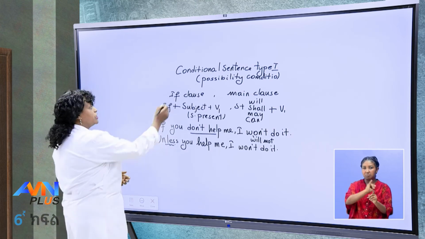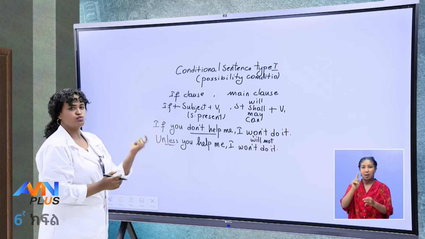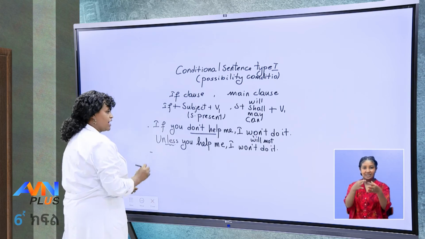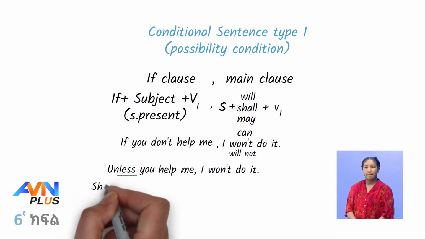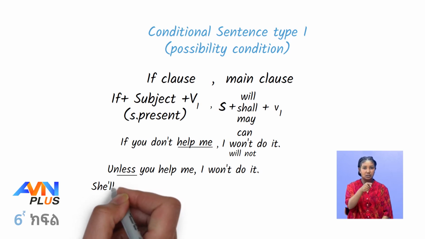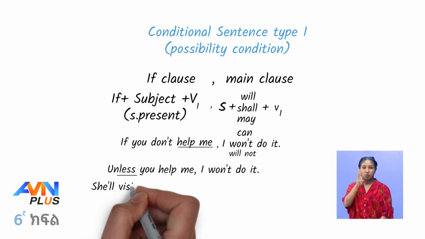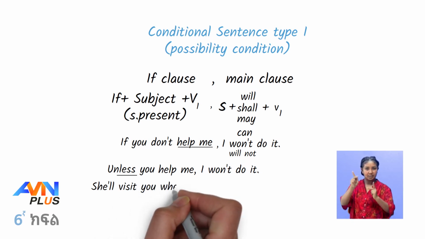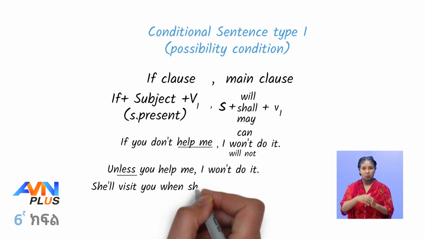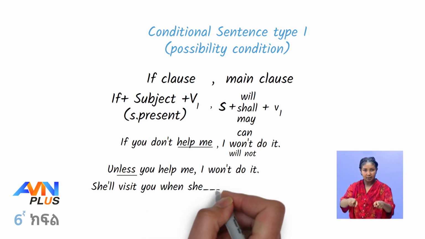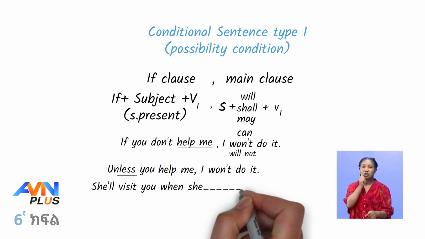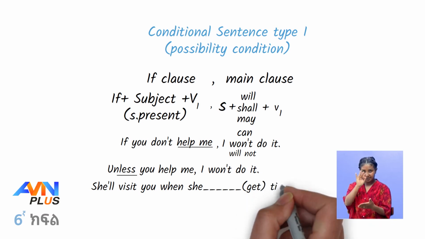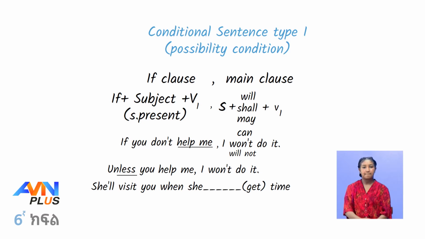Let's see another conditional sentence type 1 or possibility condition sentence. For example, let me give you another sentence. She will visit you when she gets time.